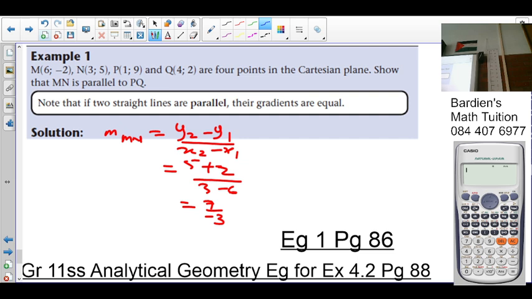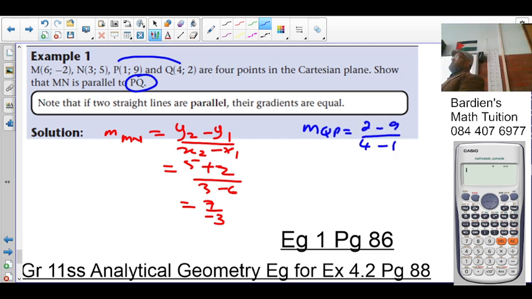Alright, so we must now work out the gradient of PQ. PQ is going to be 2 minus 9 over 4 minus 1. If the answer is also 7 over negative 3 or negative 7 over 3, it would be the same thing, so it would be parallel. So on top in the numerator I got negative 7 over 3. Can you see it's the same?